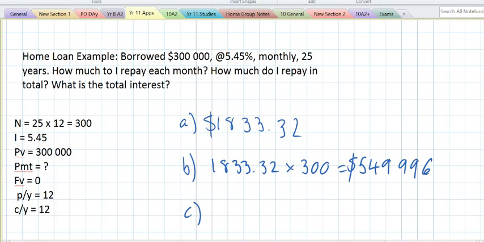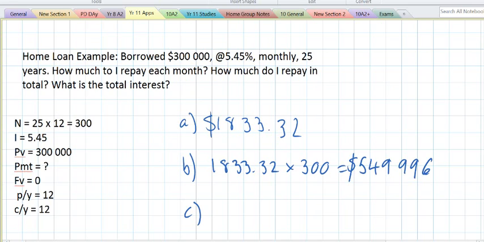How much of this is interest? Do you take the 3 away from the 5? Yes, the 300,000. So this is the total amount I repay. I've borrowed 300,000, so the difference between them is the interest.